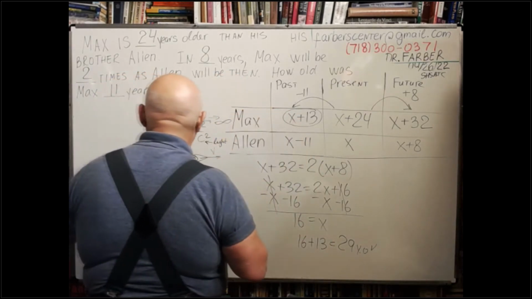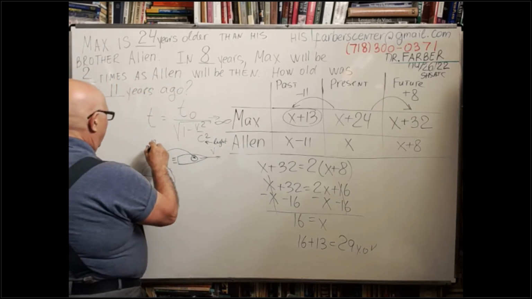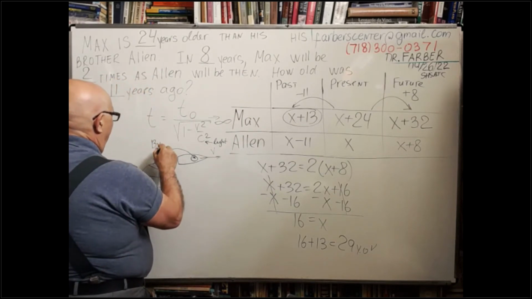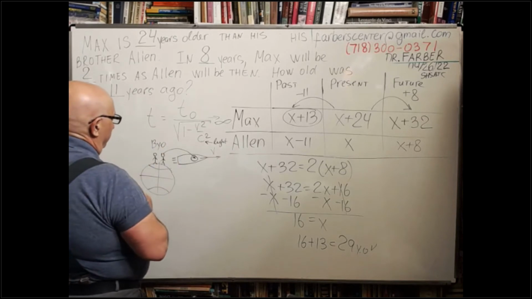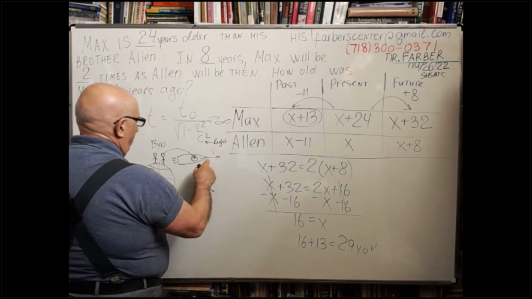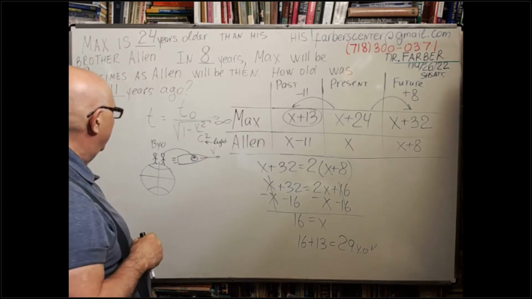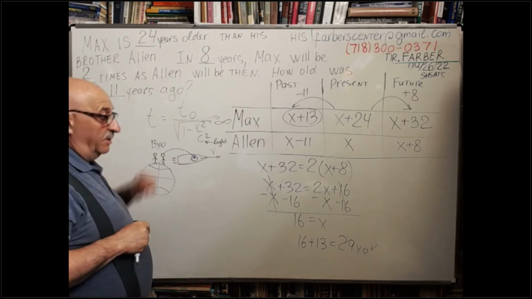So pretend you and your brother are 13 years old. Your brother is moving very fast, speed close to the speed of light. For him it is 1 year.